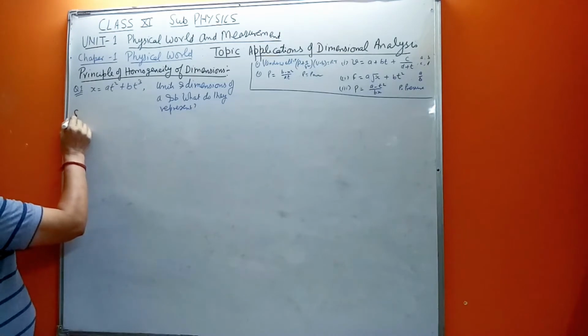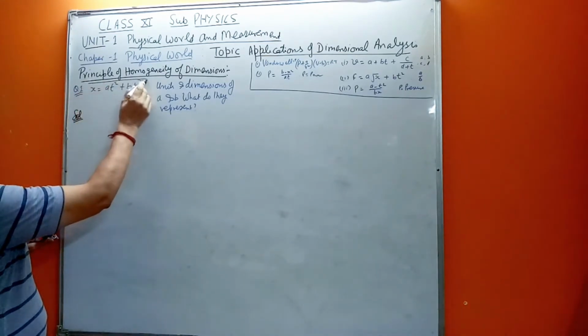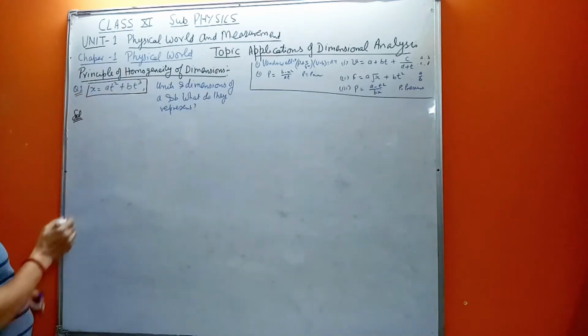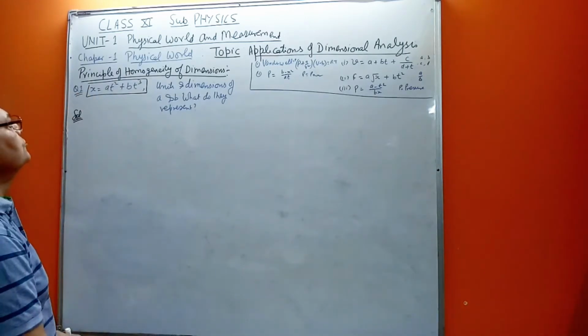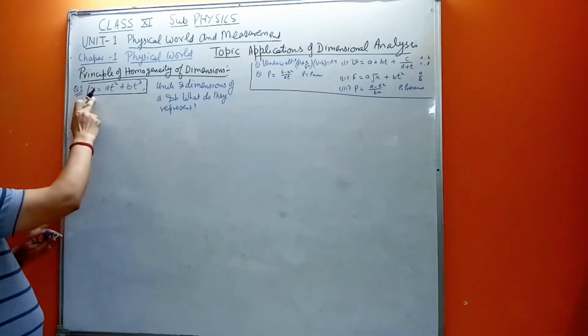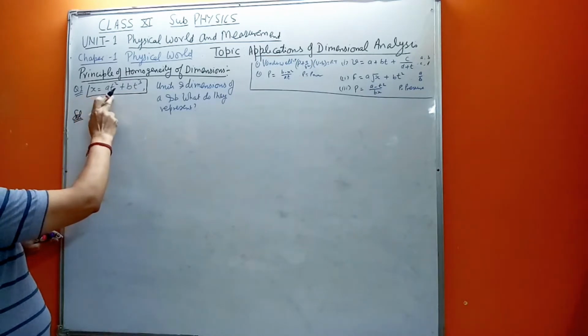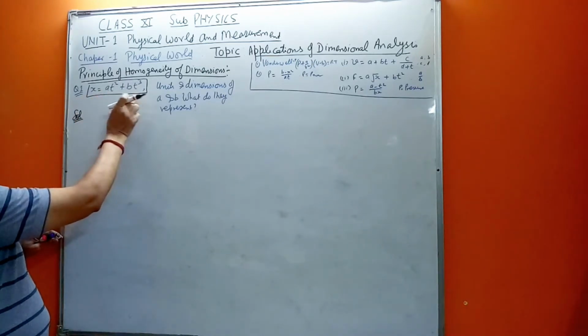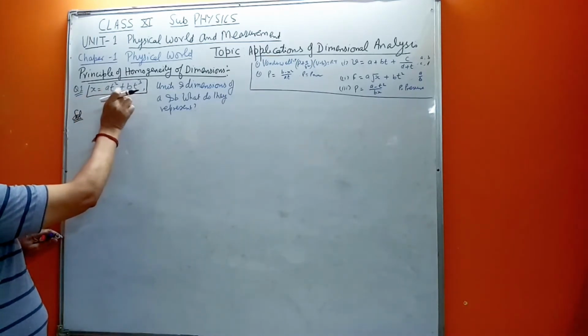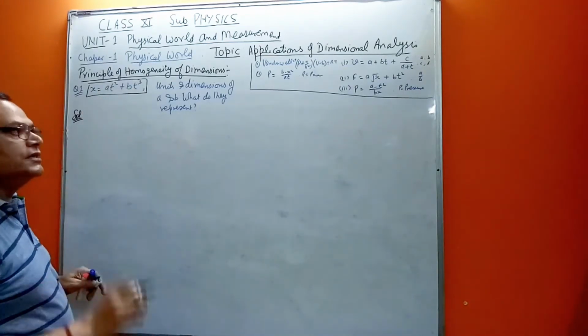So what will be the possible solution? The equation given is x is equal to at square plus bt cube. Now because x is the position or distance, both terms will be of distance dimensionally.